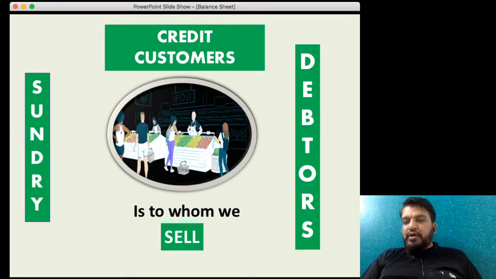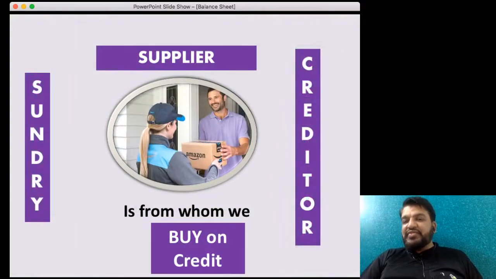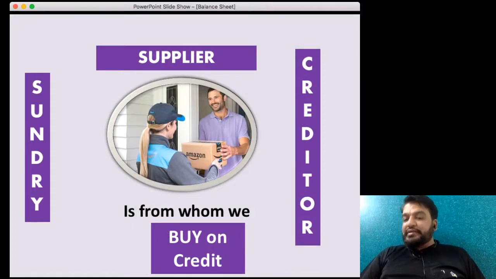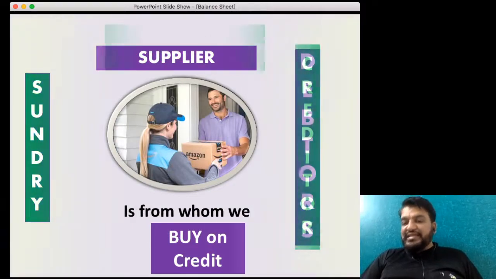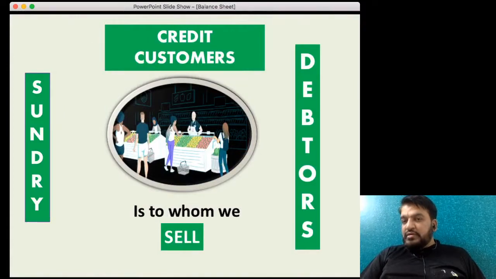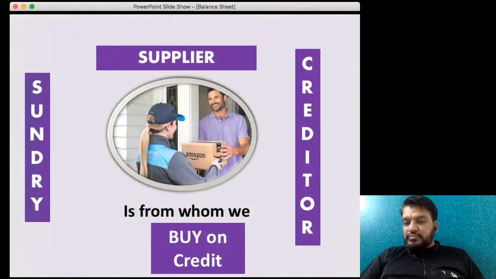Okay? The opposite of that is sundry creditors. So sundry creditors are those from whom we buy on credit. Here, to whom we sell on credit, and here, from whom we buy on credit.